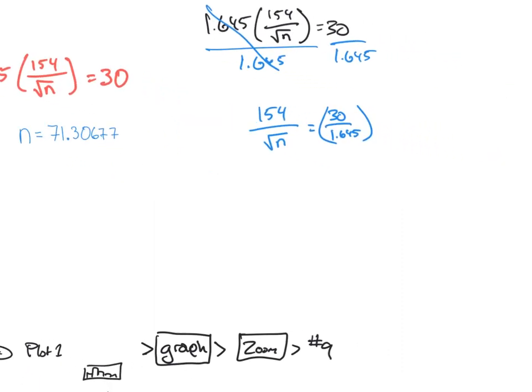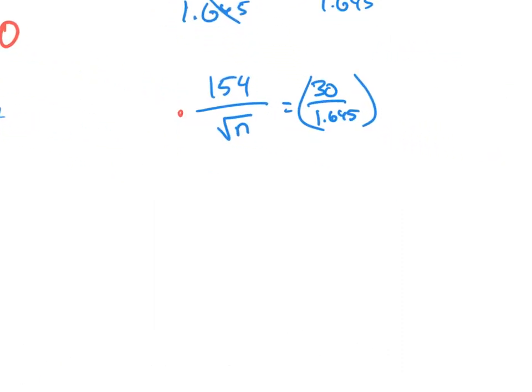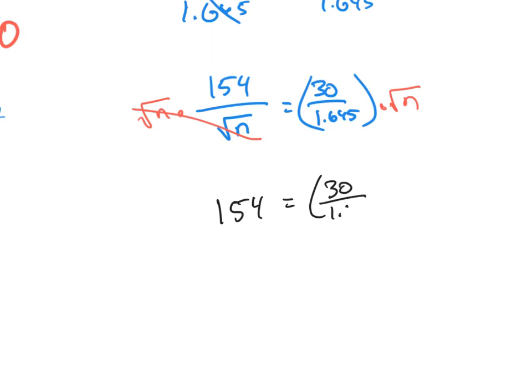All right, so that would be your first step, and then I'll just kind of do the next step here. I would do square root of n. So you get 154 equals 30 over 1.645, times square root of n. Then you're going to divide both sides by that 30 over 1.645, and then the last thing that you do is hit your square button.